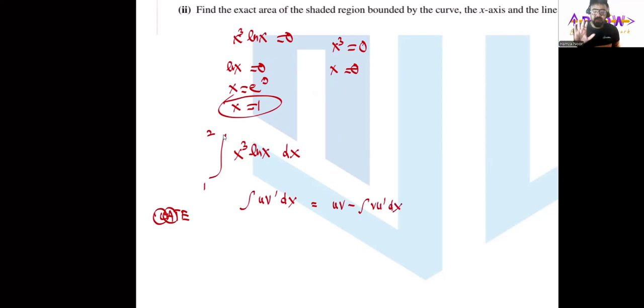Our purpose is to make u dash simpler. So in place of u, we are going to keep ln x. So u is equal to ln x, and u dash will be equal to 1 upon x. In place of v dash, we are going to write x cubed, so v will be equal to x raised to the power of 4 over 4.